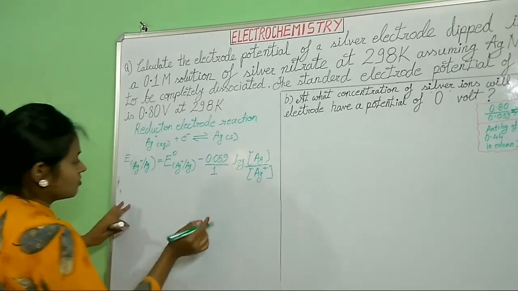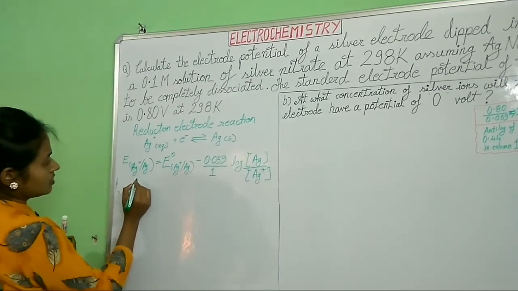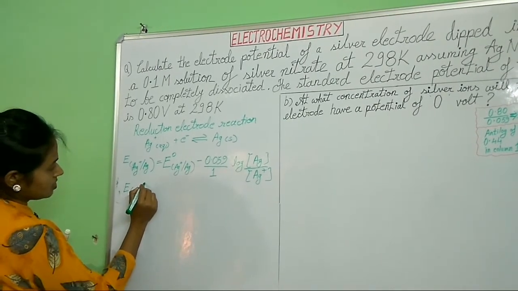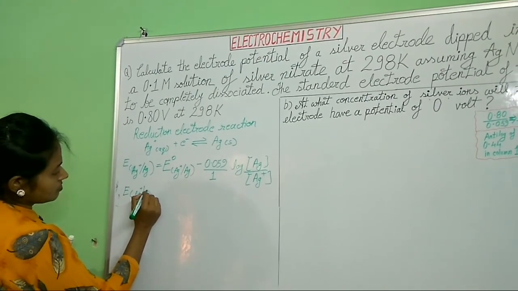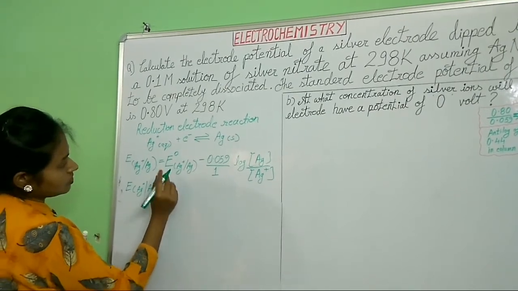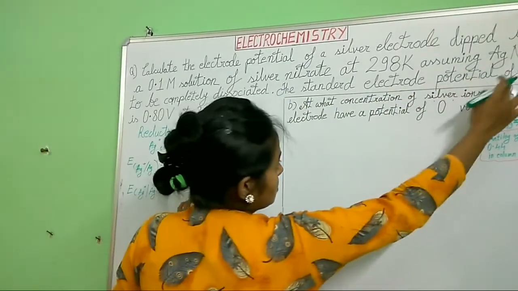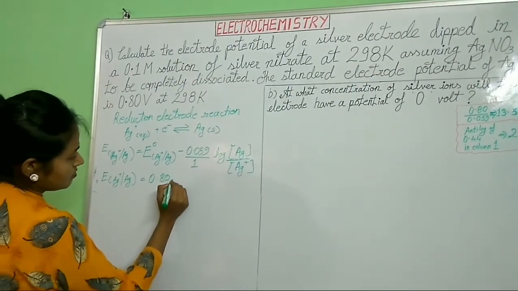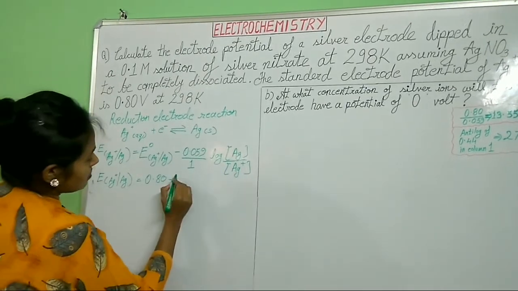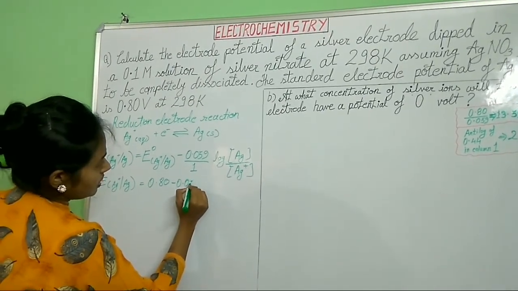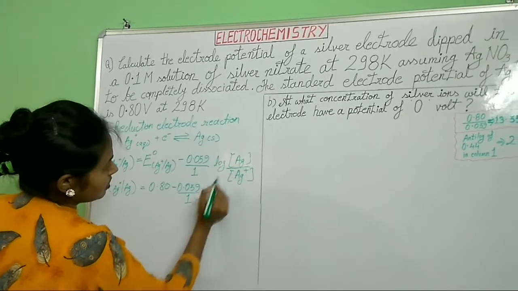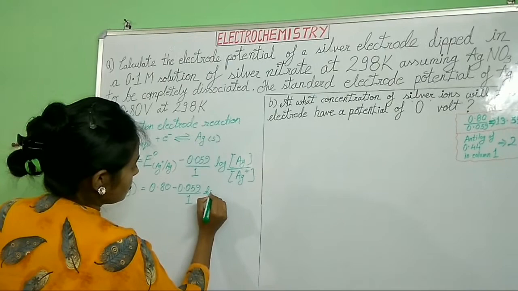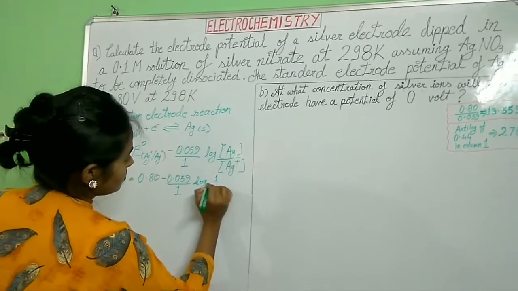Yes. Now, what is the next step? We have to find E cell of this cell. So E of Ag plus oblique Ag equals E naught, the standard electrode potential of Ag plus Ag, which is given as 0.80, minus 0.059 by 1. For solid, always remember, we take log as 1.